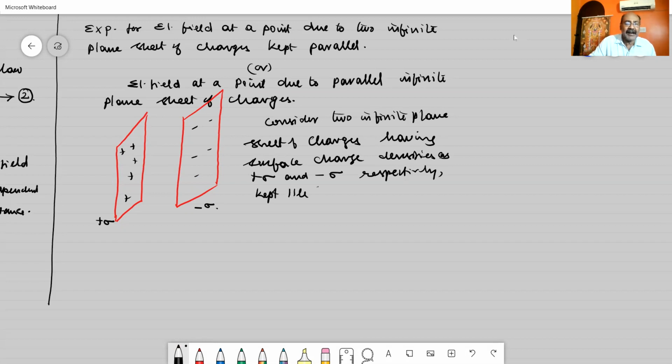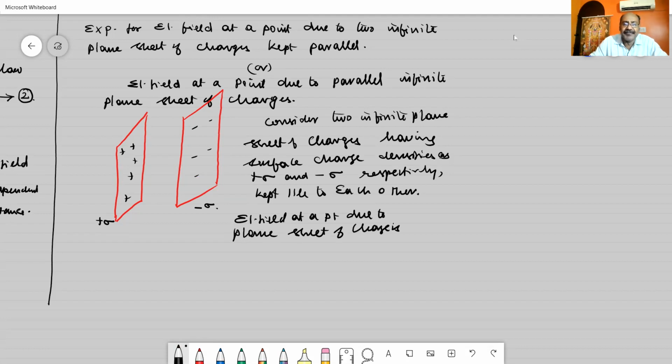Already we have studied in the previous question that electrical field at a point due to a plane sheet of charge is E, which is equal to sigma by epsilon 0.